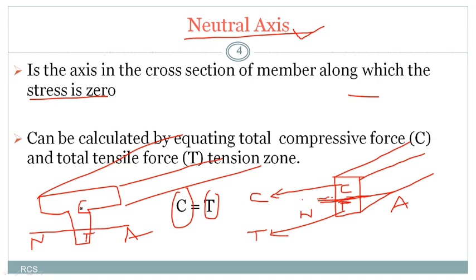In this case we calculate the total compressive force, and we also calculate the total tensile force. If I equate these two, we will get the actual depth of the neutral axis. This is how we calculate it, whether it is a rectangular beam, T-beam or any kind of beam. The neutral axis can be calculated by equating the total compressive force acting on the section to the total tensile force acting on that section.